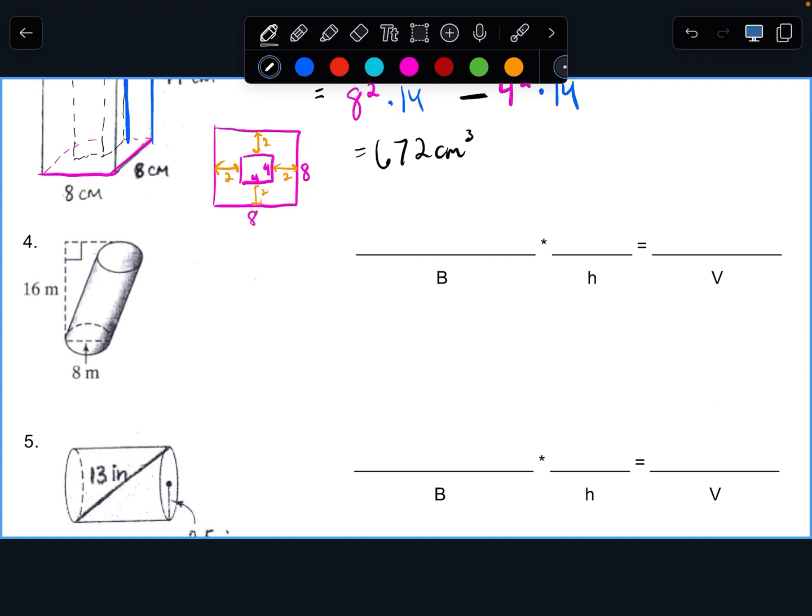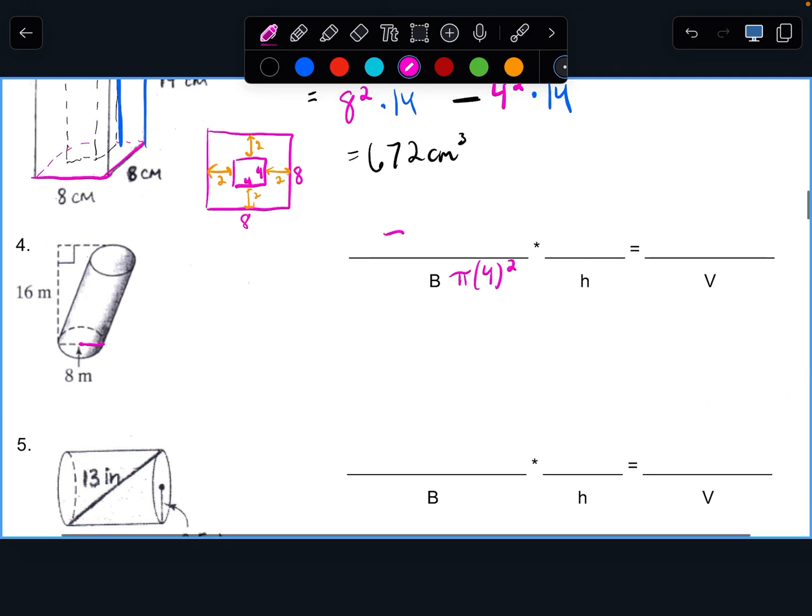So people try to do all this triangle Pythagorean theorem stuff when you don't. You just literally do pi radius, unless you want to be one of the 4 people who plugged in the diameter on the test. Okay, so pi r squared. Oops, I wanted to put that there. Okay. So pi r squared, and then you're stacking them, 16. That's it.